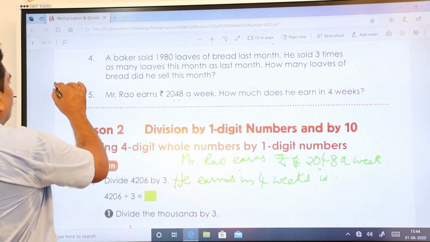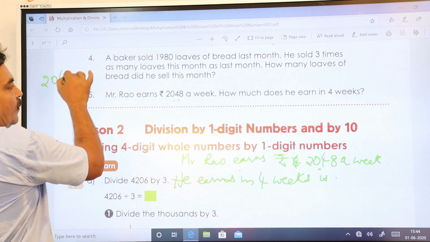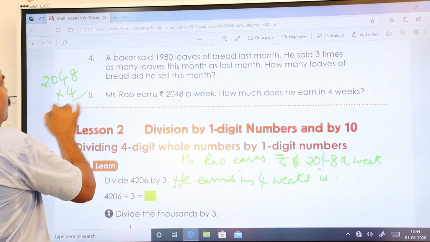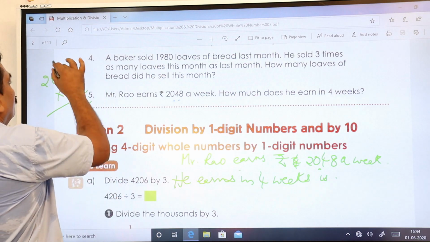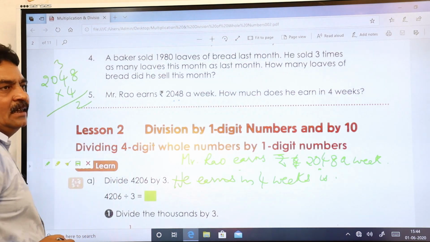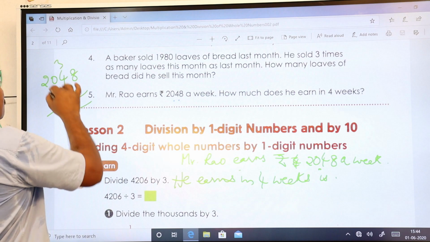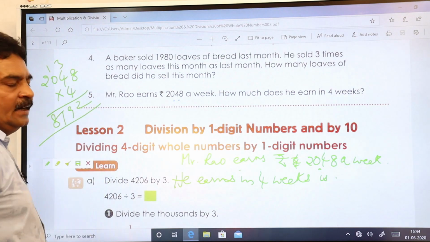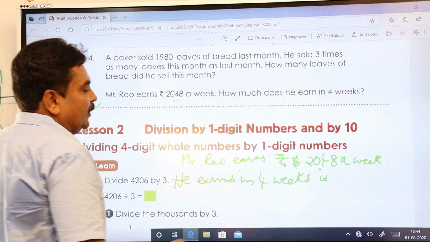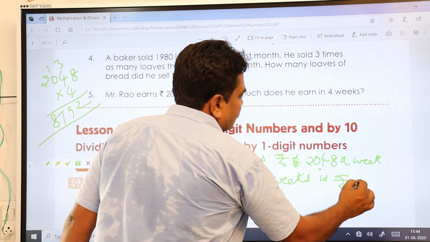That is what? 2048 into 4. 4 8s are 32. 4 4s are 16 plus 3, 19. 4 0s are 0, 4 2s are 8. That is 8192 rupees.